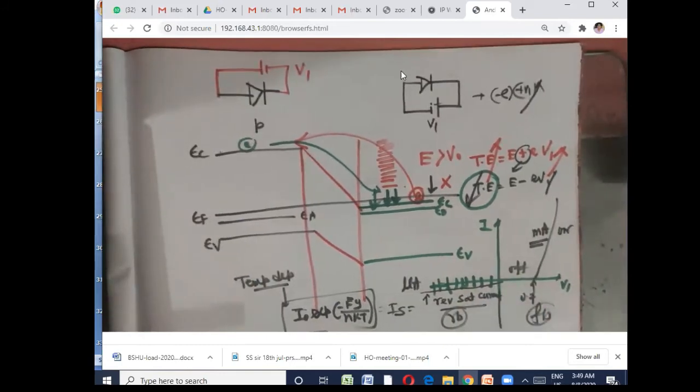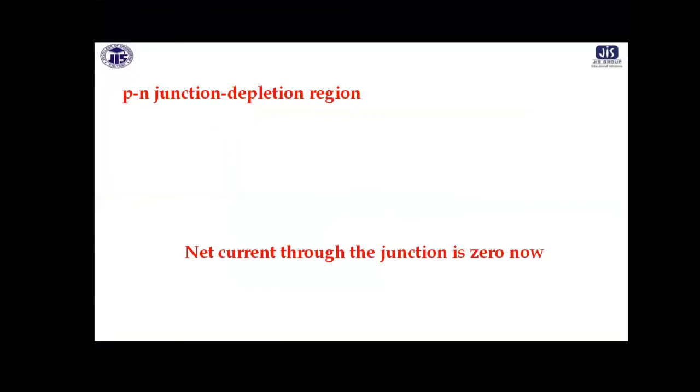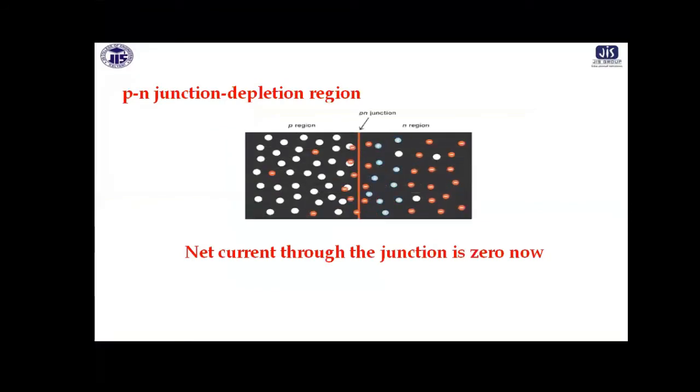Now with all these things in mind, let me get back to the PowerPoint a bit. Whatever I told you, you see it is happening. Electrons and holes are coming and recombining.